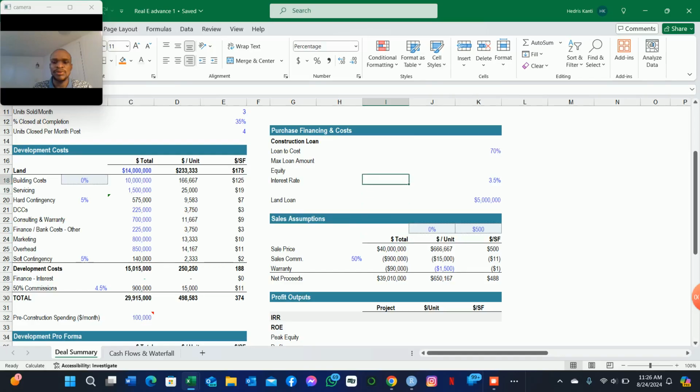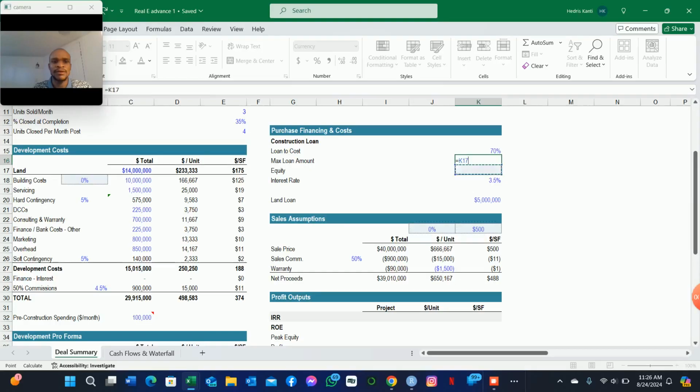So the last thing we're going to do here is to account for the maximum loan amount, which is going to be equal to 70% of the total cost. So this is how much this real estate project will be borrowing, how much the lenders will be lending as a result.